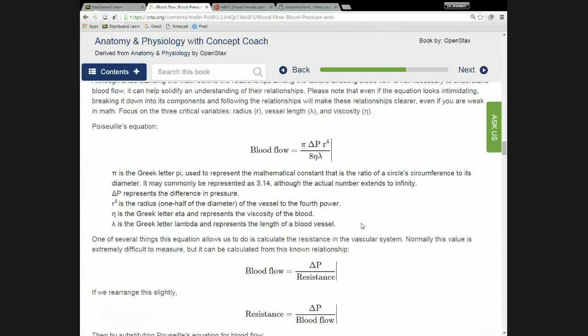And then this symbol, which looks like an upside down lowercase y, is the Greek letter lambda, which starts with an L and basically means length. So that's how long the blood vessels are. That's a component that influences circulation also. The farther that things have to circulate, the harder it is to push it along.